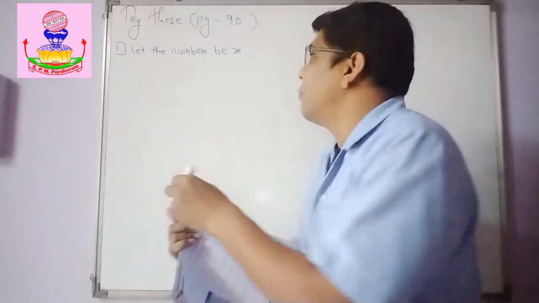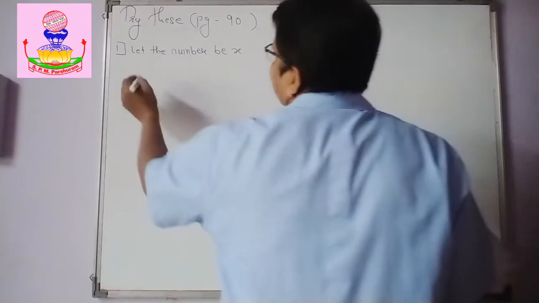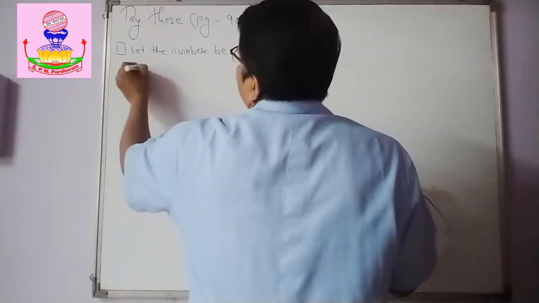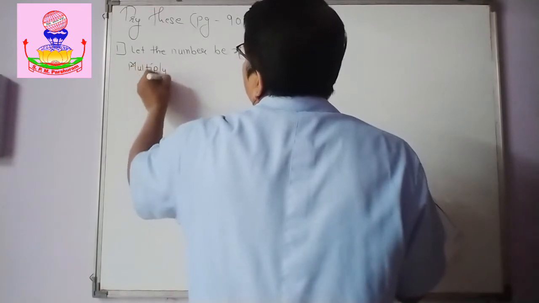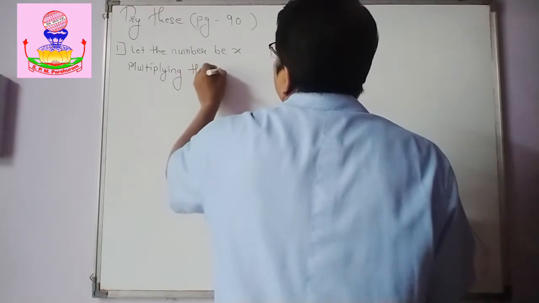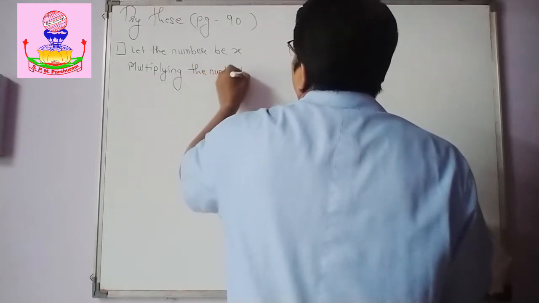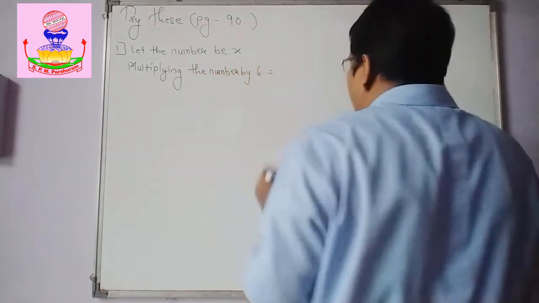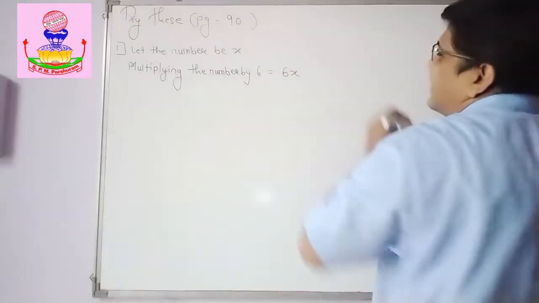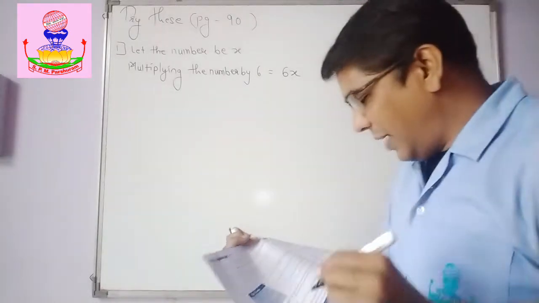This is just for your understanding. Multiplying the number by 6. So when I multiply this number by 6, what will I get? 6x. Right?